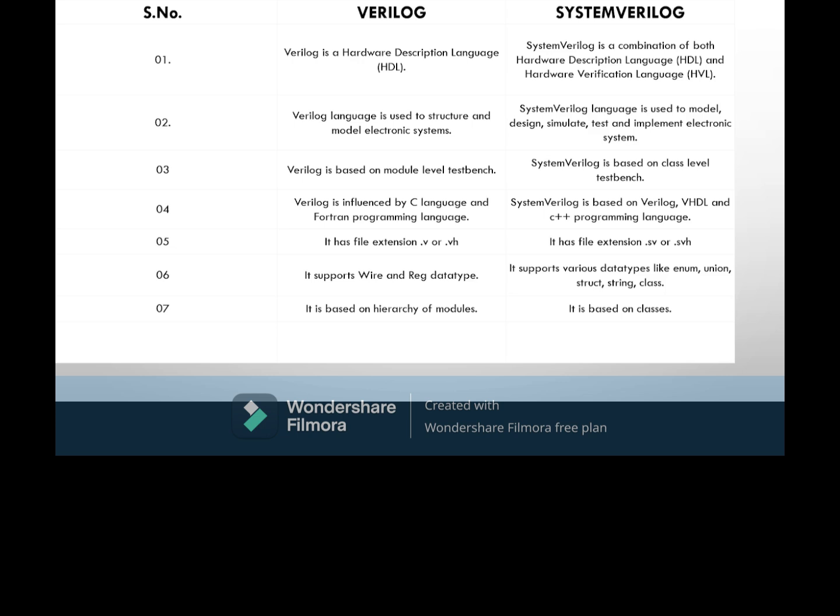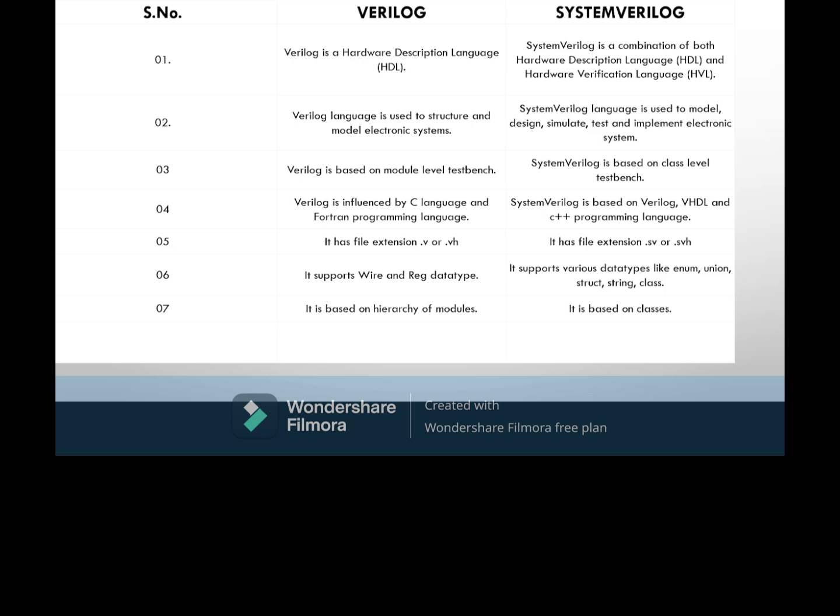Also, one of the important concepts that was introduced in SystemVerilog was assertions. You will be learning it once you go deep into the topic. Assertions are a very essential part of verification. These are used to verify the behavior of the design.